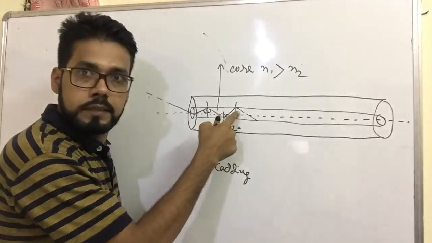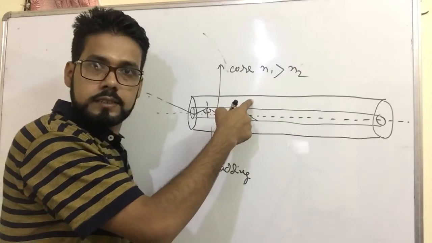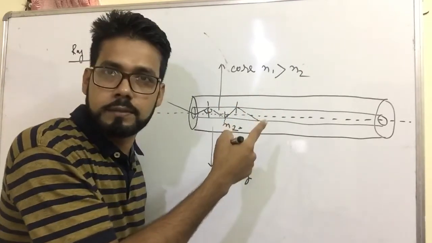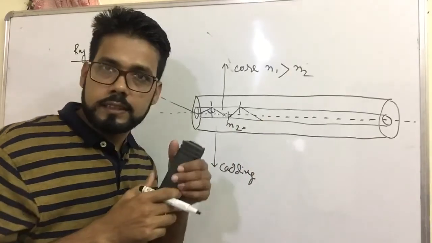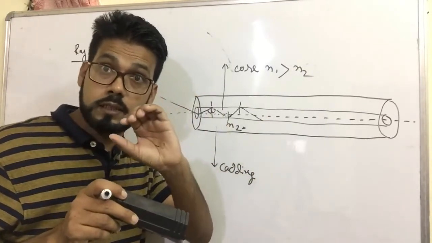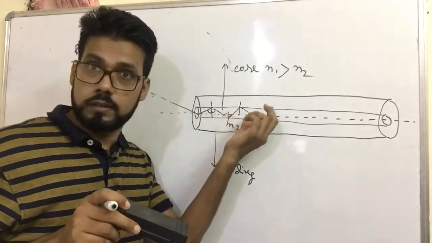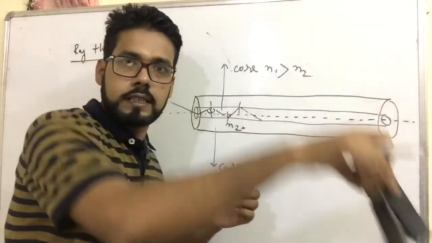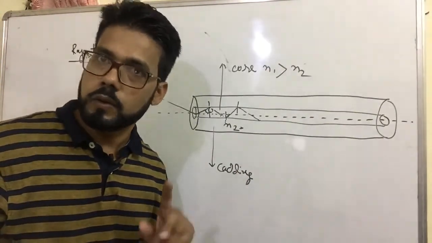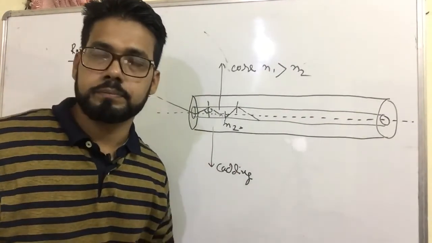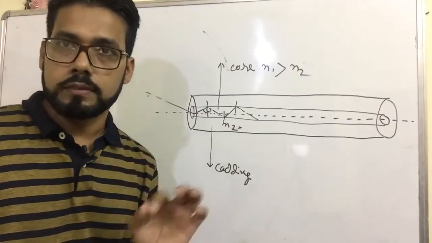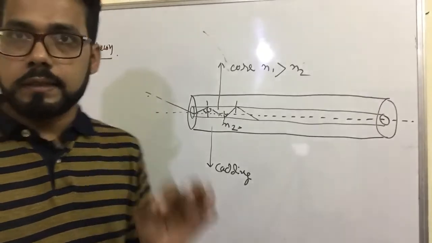This is the denser medium and this is the rare medium. So when light moves from a high refractive index to a lower refractive index, total internal reflection takes place. As a result, electromagnetic radiation is confined within the core and moves inside the cable. So there will be no loss. That is why total internal reflection is essential for optical fiber communication.